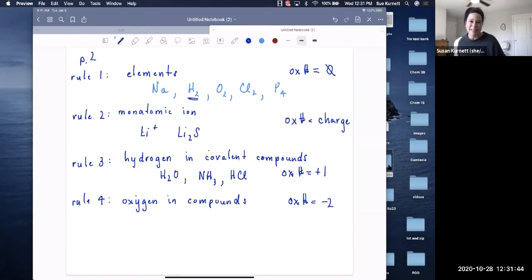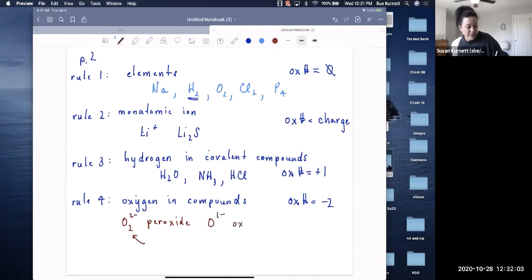Sometimes it's -1 and sometimes it's -0.5. So I'm going to show you some exceptions. The oxygen in peroxide, there's 2 atoms and it adds up to -2. So each one must be -1.